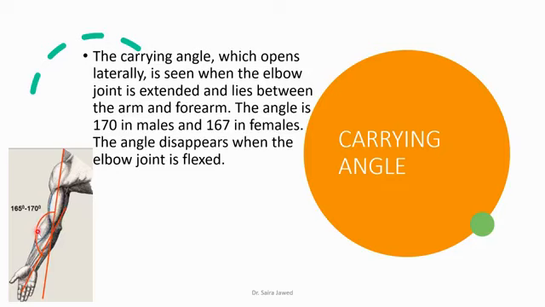But for the exams, you have to follow your Snell's. So you should remember that it is 170 degrees in males and 167 degrees in females, but when the elbow joint is flexed, this angle disappears. This carrying angle is only present when the elbow joint is extended.